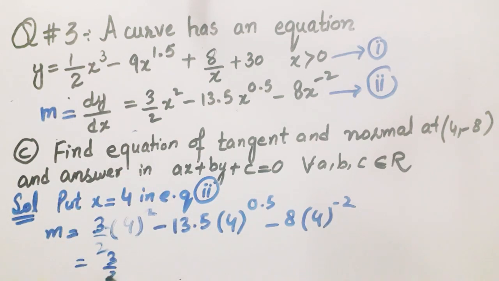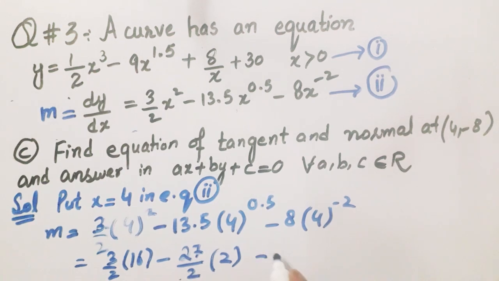So 3 by 2 into 16 minus 13.5. If we simplify this, 13.5 will be equal to 27 by 2. And 4 raised to power 0.5 means half of 4, so this will be equal to 2.